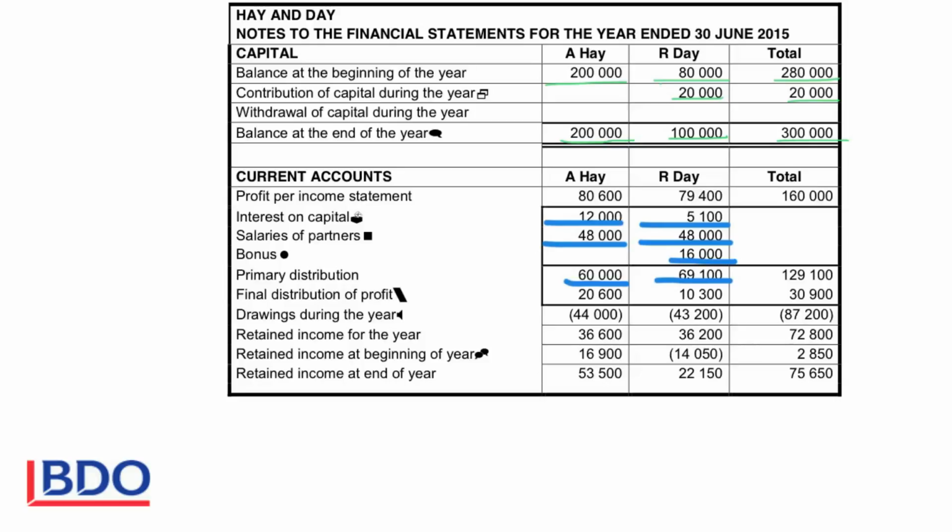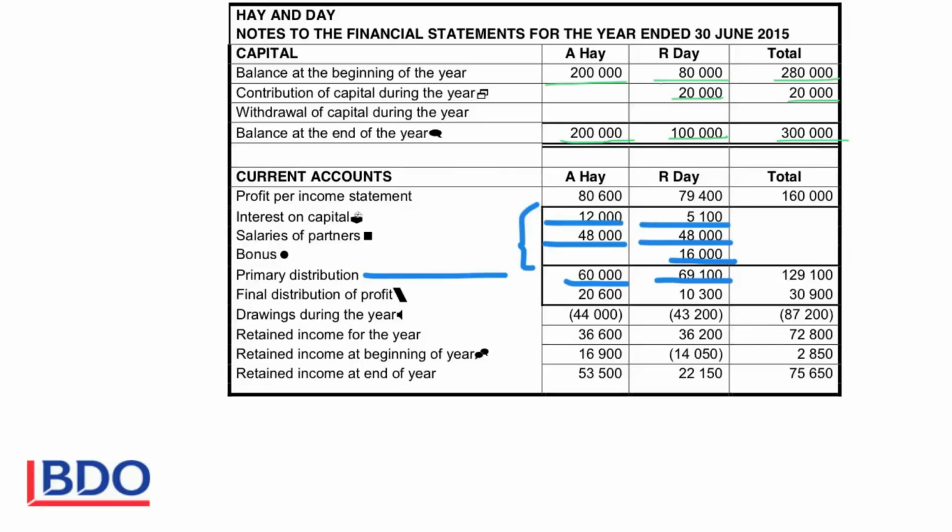So it means that all the money that they have to receive according to the partnership agreement is interest, salaries, and bonus. And that will be my primary distribution. So even if there's no profit in the business for a specific year, they are still entitled to the conditions of the partnership agreement and they have to get the interest, salaries, and bonus.